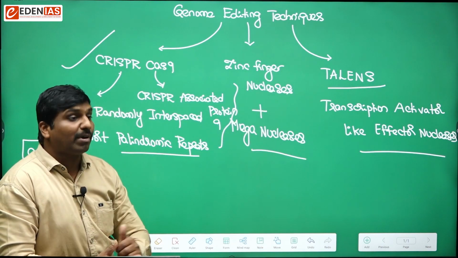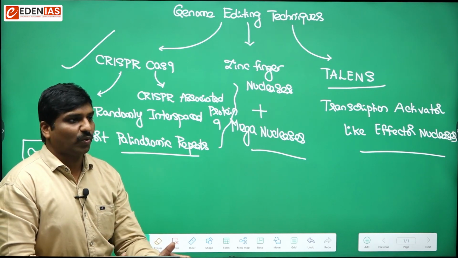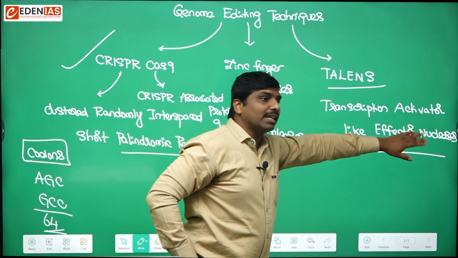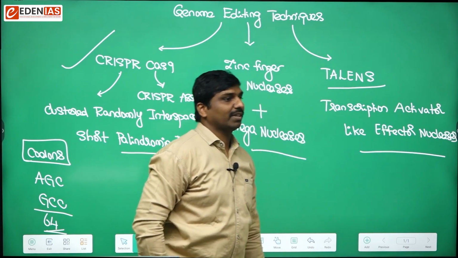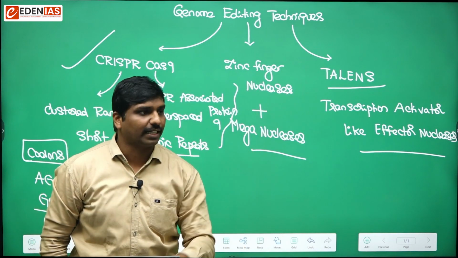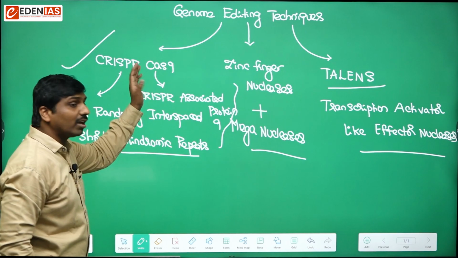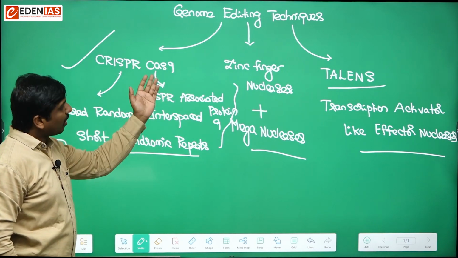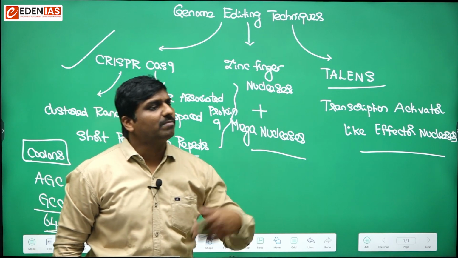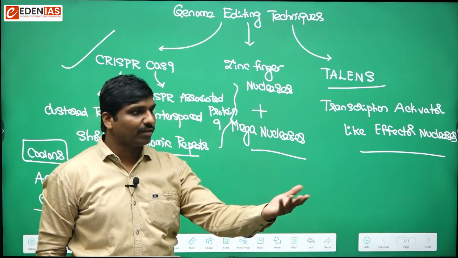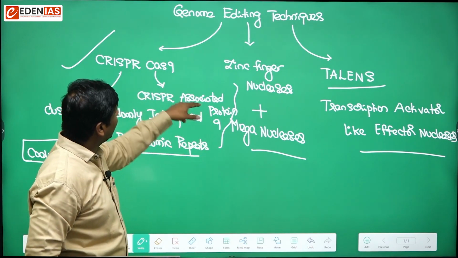That is the full form of the TALENs technique. Here also a nuclease enzyme is there, and that helps in the process of cutting up the genes. Likewise, the Cas9 protein helps in that process. Sometimes enzymes can also be proteins, and proteins can also be enzymes.